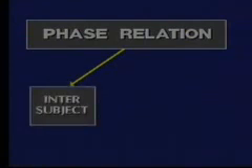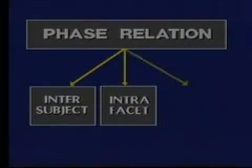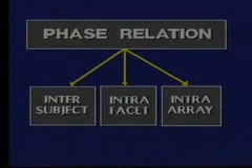There are 3 levels of phase relation as devised by Ranganathan. The relation of 2 subjects is called inter-subject phase relation. The relation between isolates of a facet in the main class is known as intra-facet phase relation, and the relation between sub-isolates of an isolate is called intra-array phase relation.